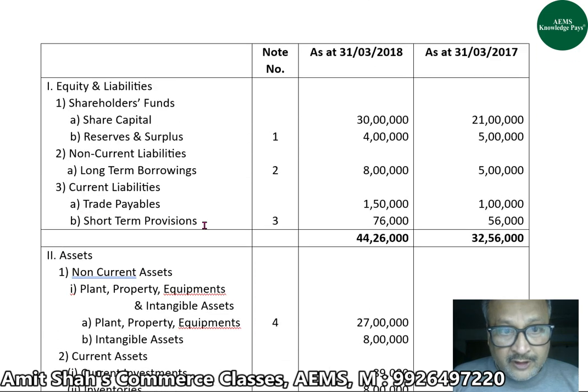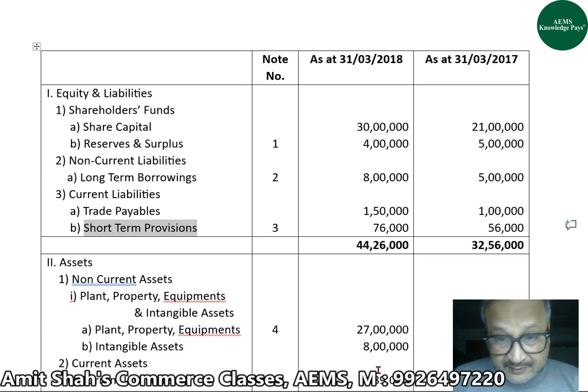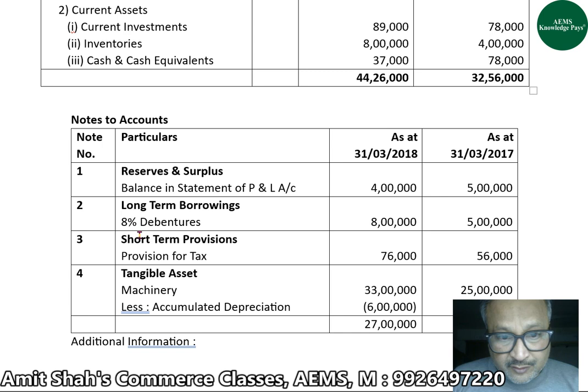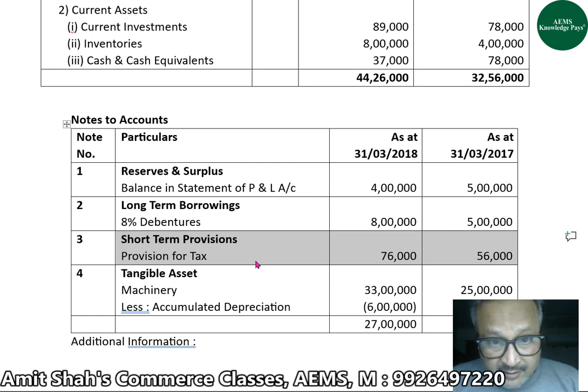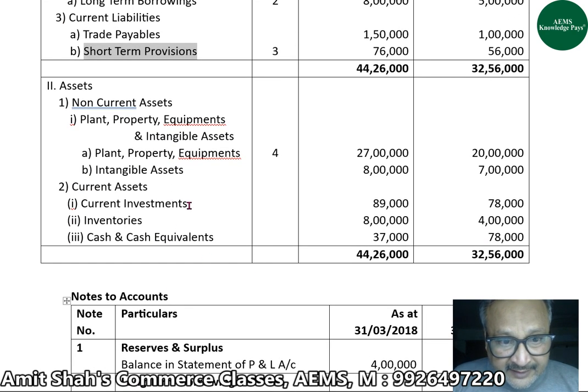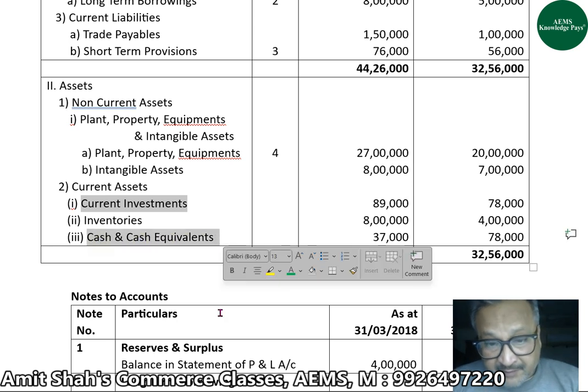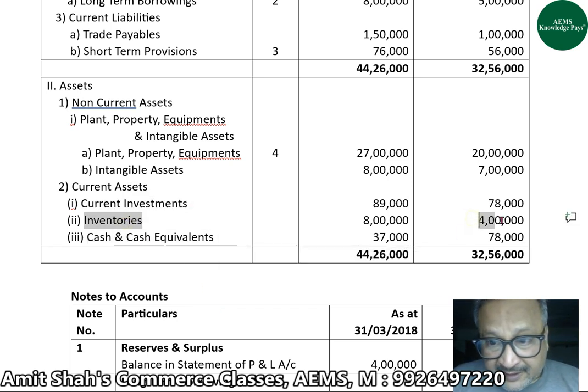Now, you know that provision for tax, which is part of short-term provisions as given to us here, is not considered as part of current liability as far as working capital changes are to be determined. Right? So we will move towards current assets. Here we have only one item, that is inventories, because you know that current investments and cash equivalents are considered as part of cash and cash equivalents for the purpose of cash flow statement. So inventories here are also increasing by 4 lakhs.